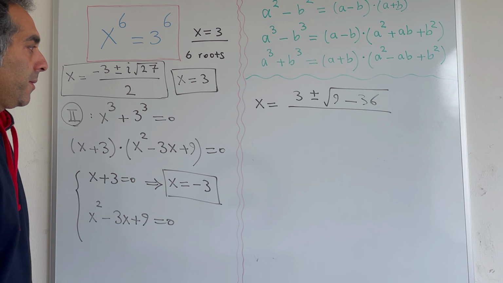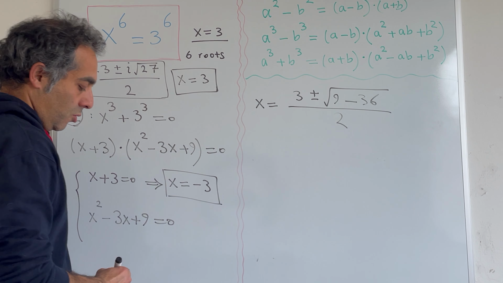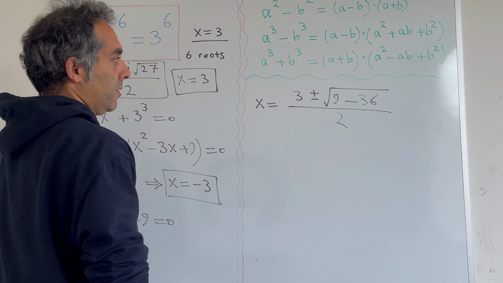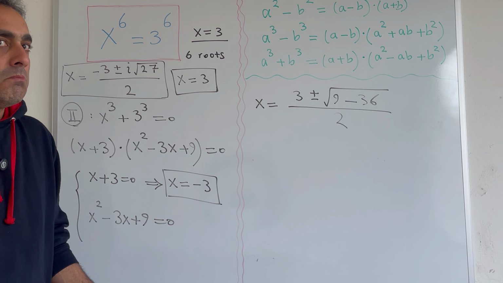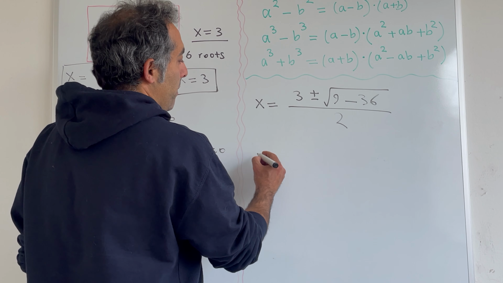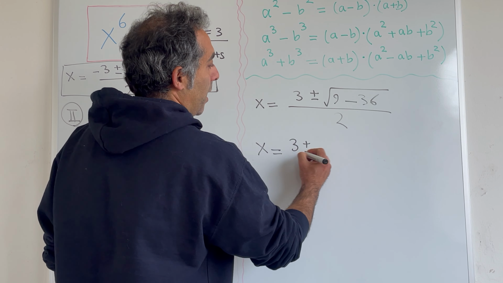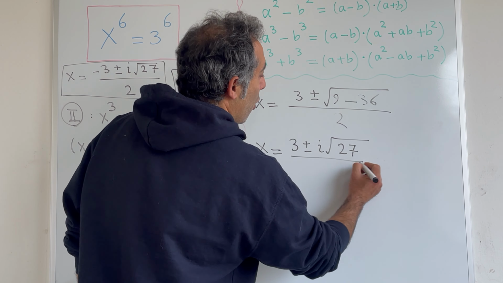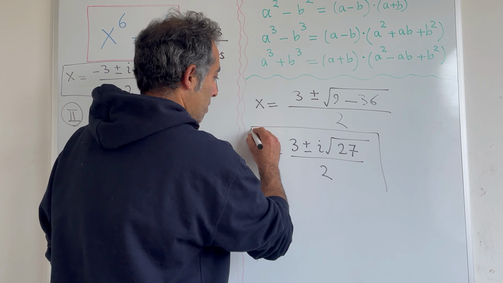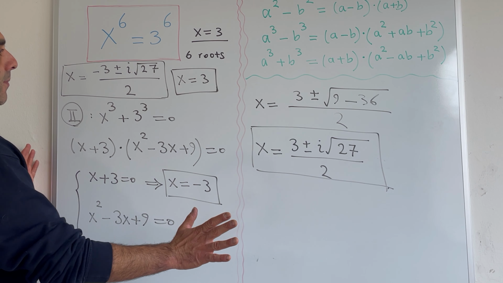Nothing has changed. 2 in the denominator, and you can see this is the difference between these two situations. And this is again minus 27, and I can write it like that as an imaginary number: 3 plus minus i square root of 27 over 2.